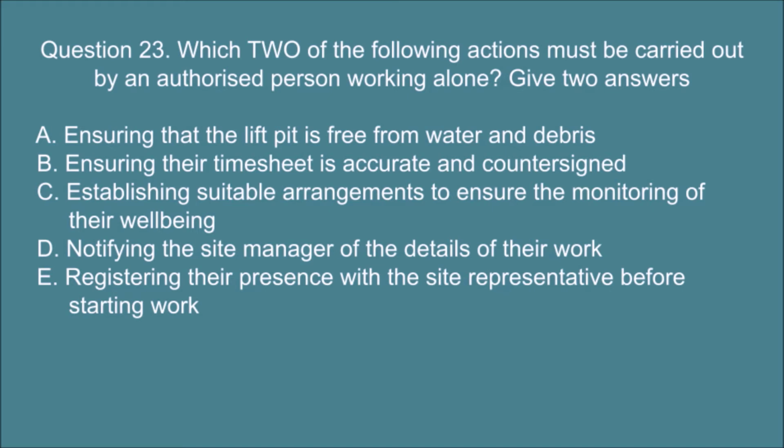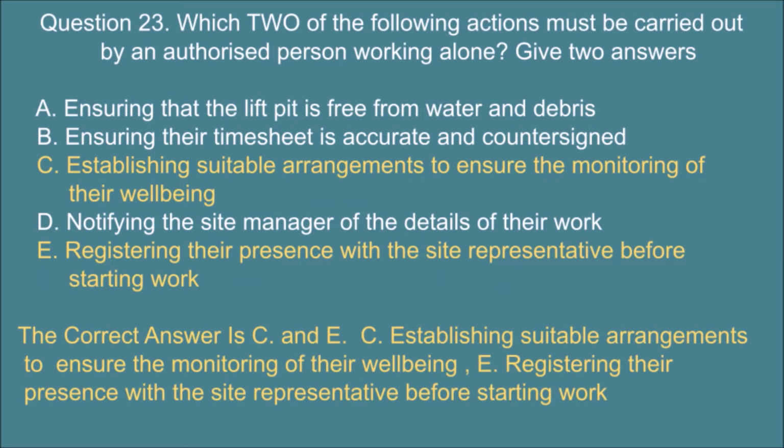D. Notifying the site manager of the details of their work. E. Registering their presence with the site representative before starting work. The correct answer is C and E. C. Establishing suitable arrangements to ensure the monitoring of their well-being. E. Registering their presence with the site representative before starting work.